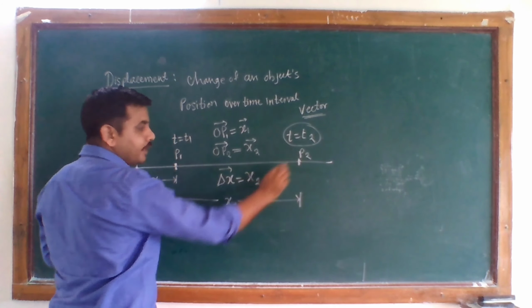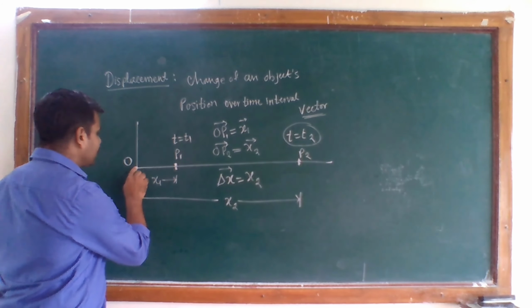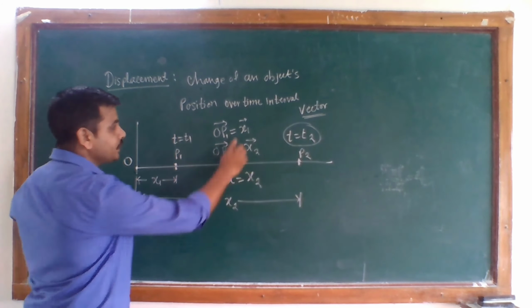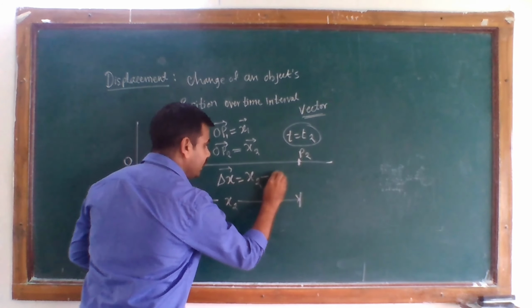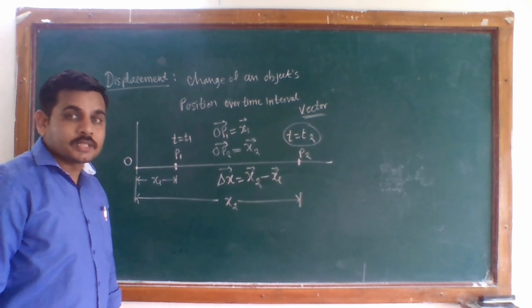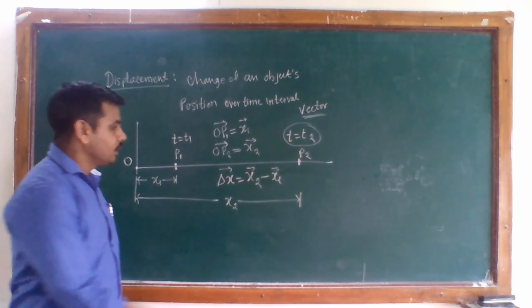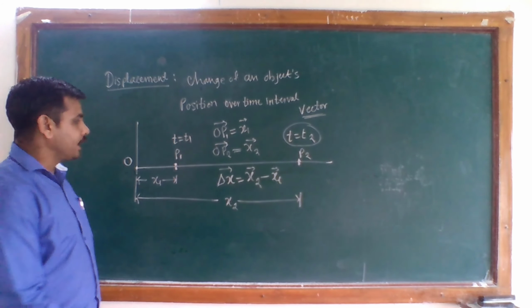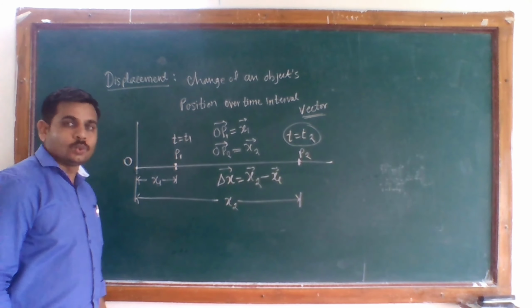Position vector OP2 is x2 and OP1 is x1, so x2 minus x1 gives the displacement of the car from point P1 to point P2.